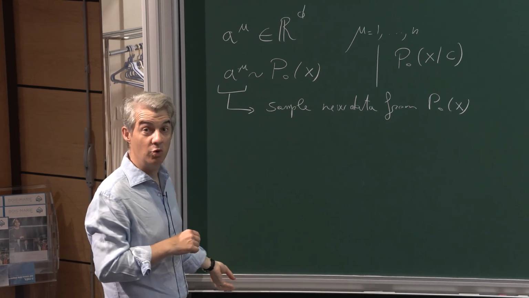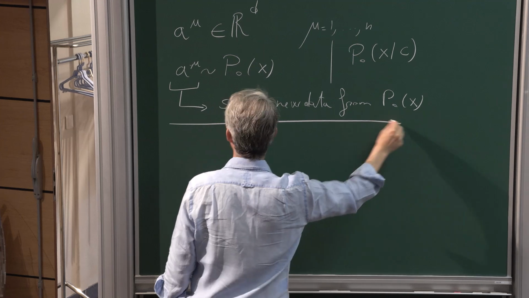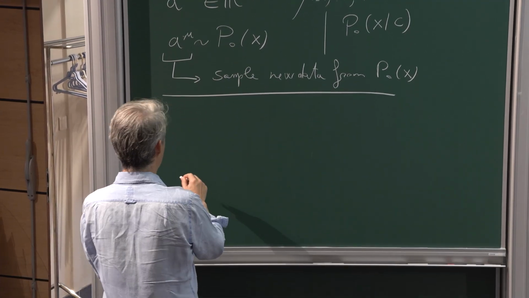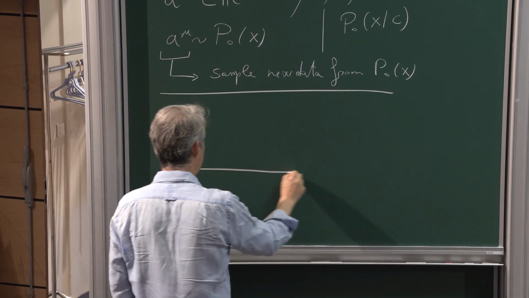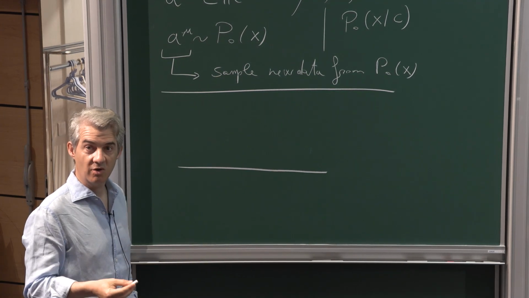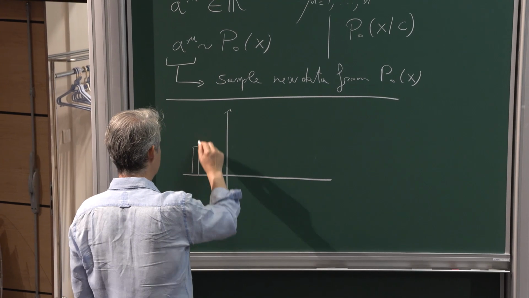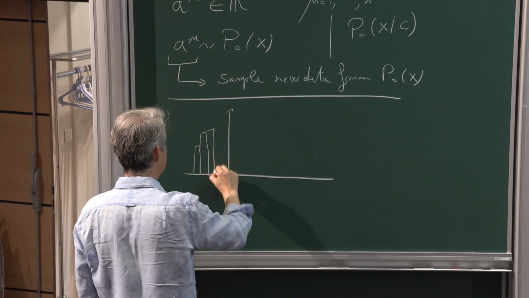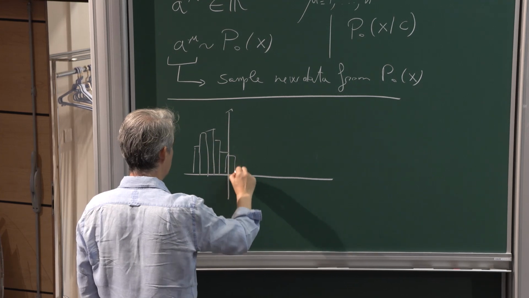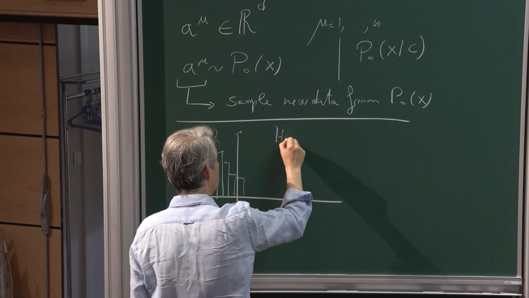Let's do it in one dimension. In one dimension, there is no problem. Let's say I have some data, a mu. If I have data a mu, I can construct a histogram of the data. Let's say that's the histogram that you can create from the a mu.